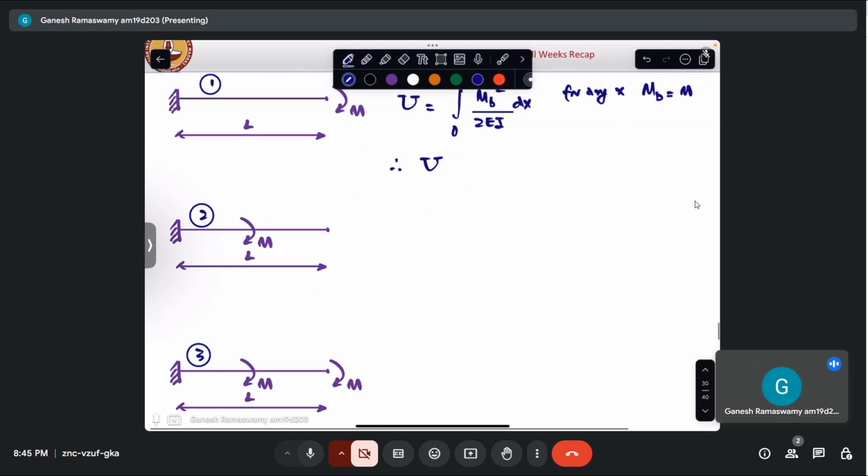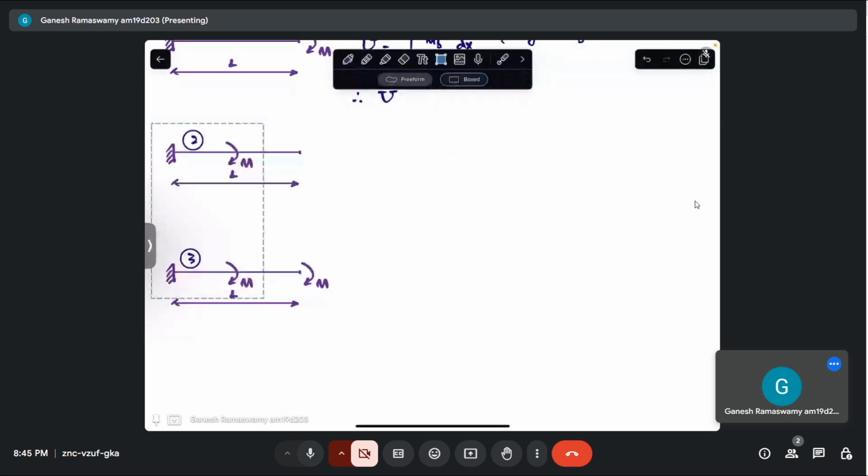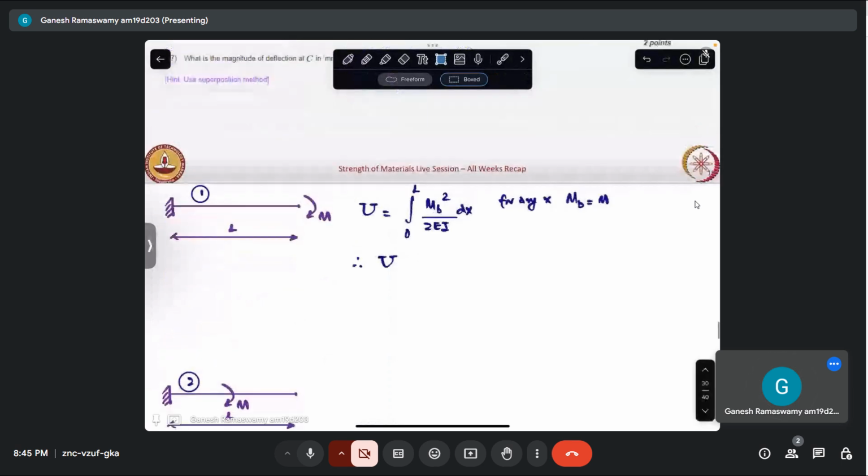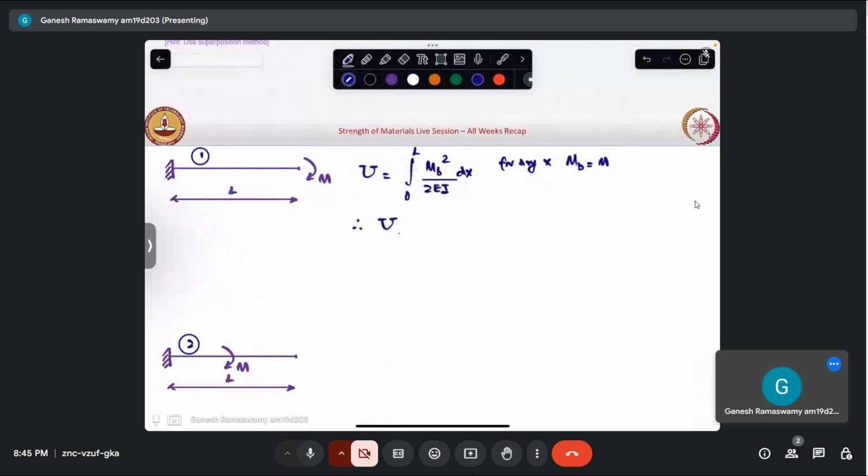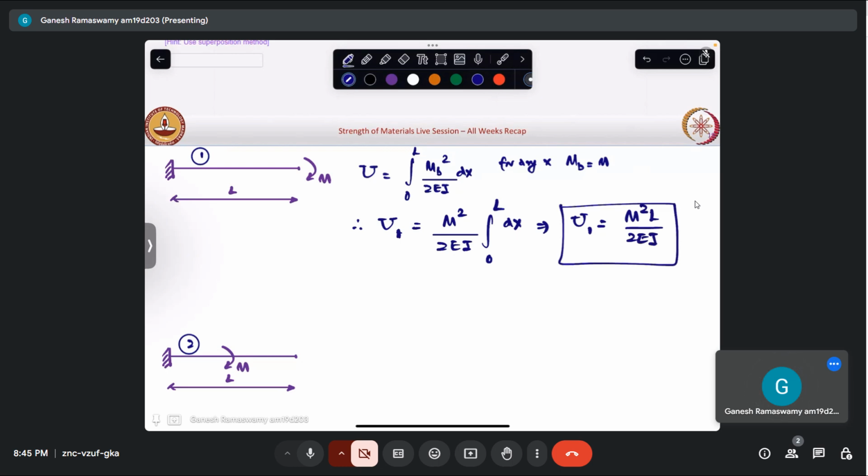So U1 is nothing but M squared by 2EI, integration of dx from 0 to L, which gives me U1 is M squared L by 2EI. So I have got the strain energy for the first case.